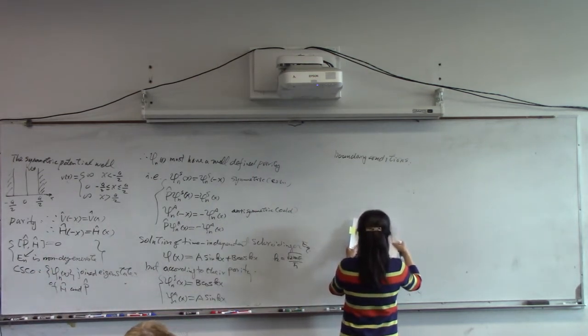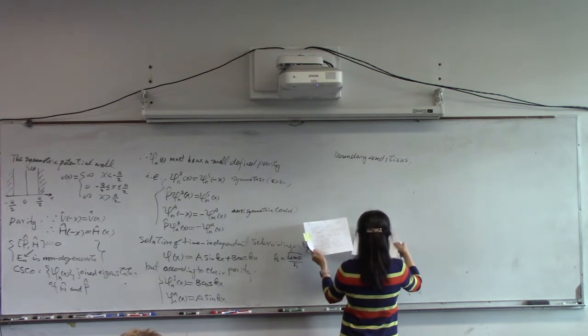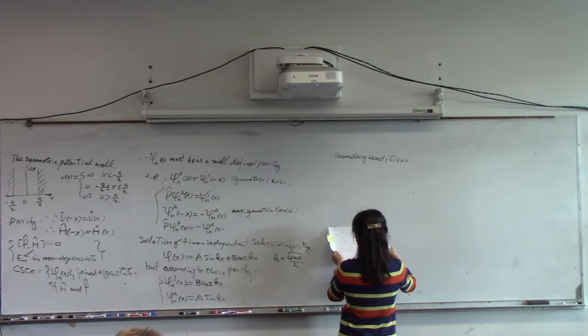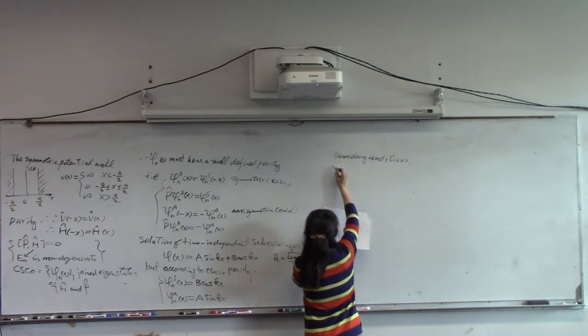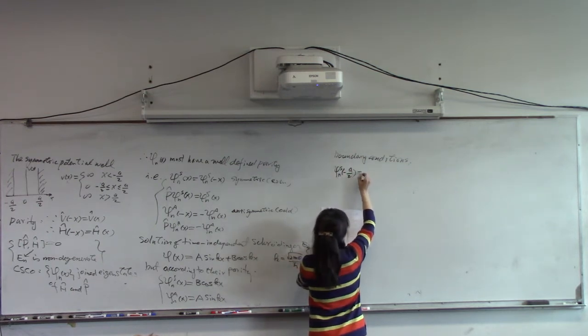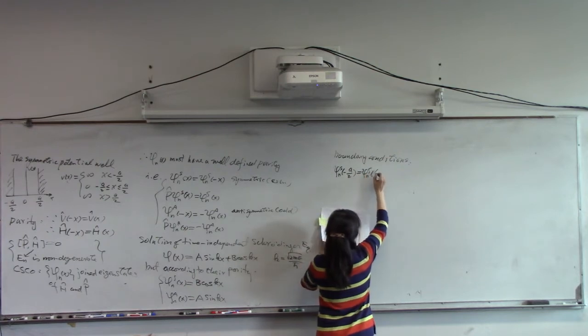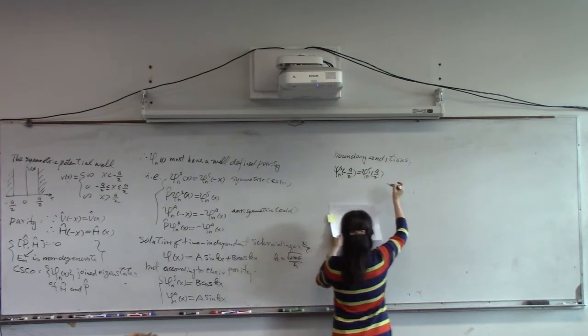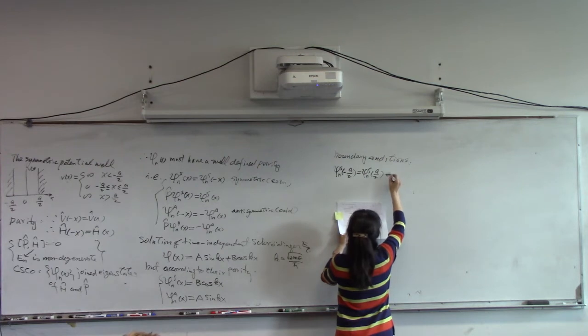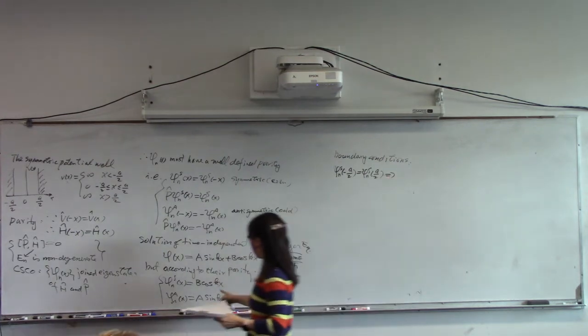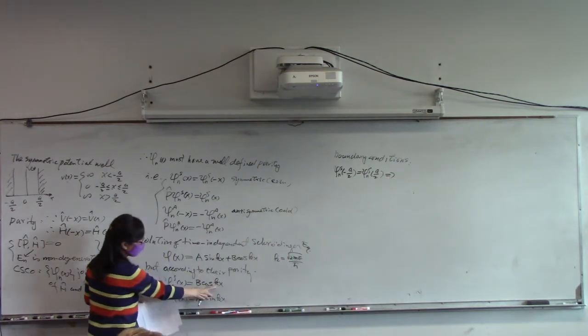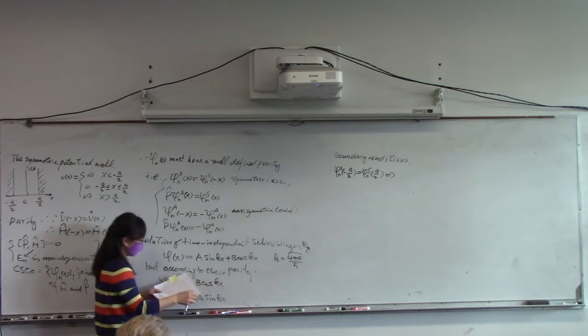So for the symmetric case, x equal to negative half a is equal to x equal to half a, by symmetry. In this case, it is cosine.